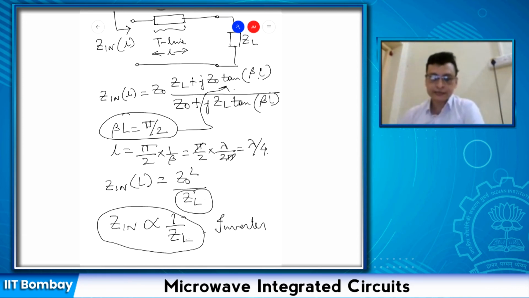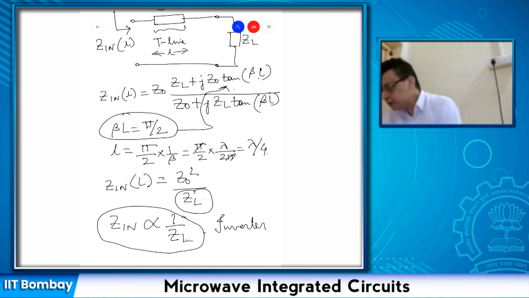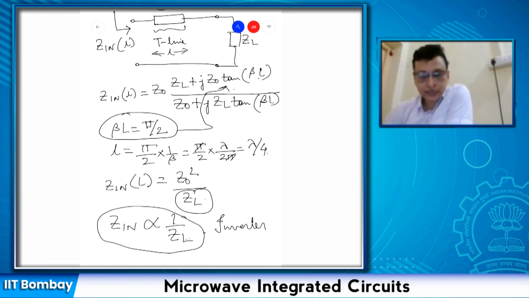If I increase the load impedance, then my input impedance will decrease. Because of this inverse relationship between the input and the load, it is also called an inverter.